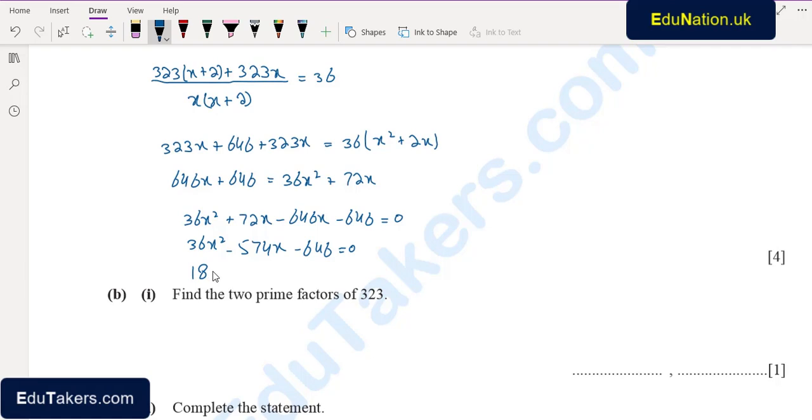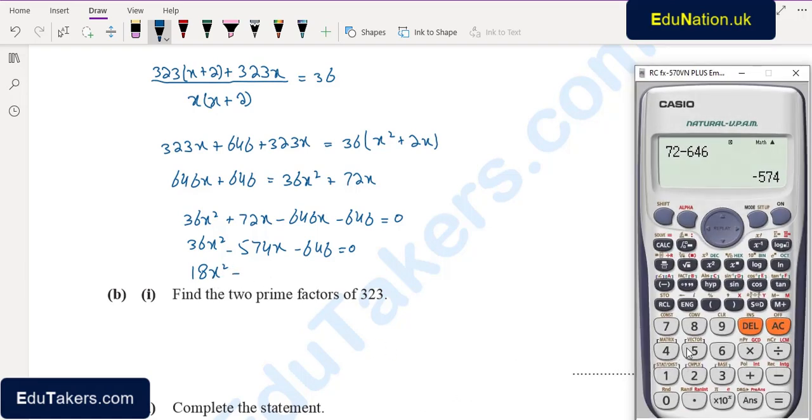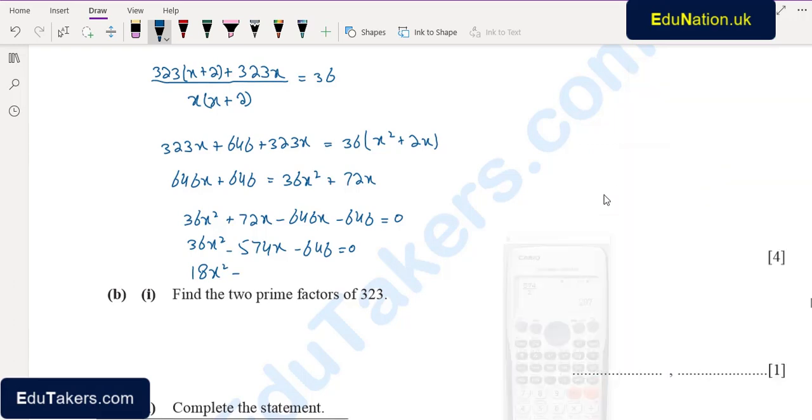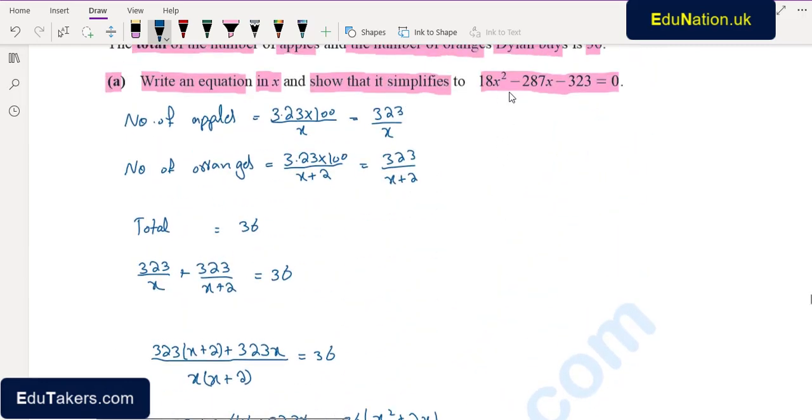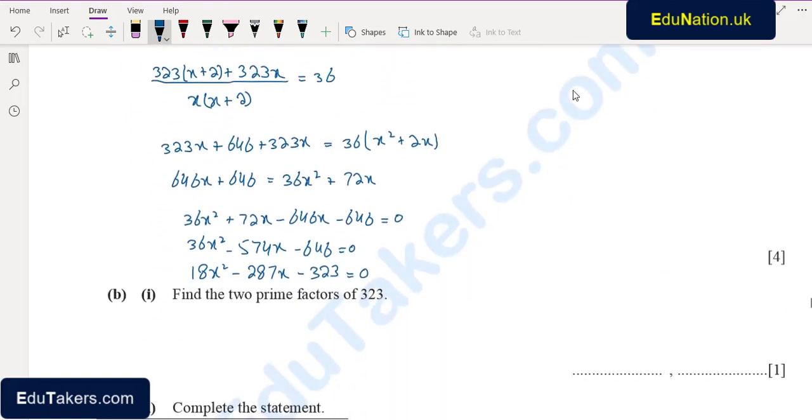This will be 18x squared minus 574 divided by 2 is 287x, minus 323 is equal to 0. 18x squared minus 287x minus 323 equals 0. So hence proved.